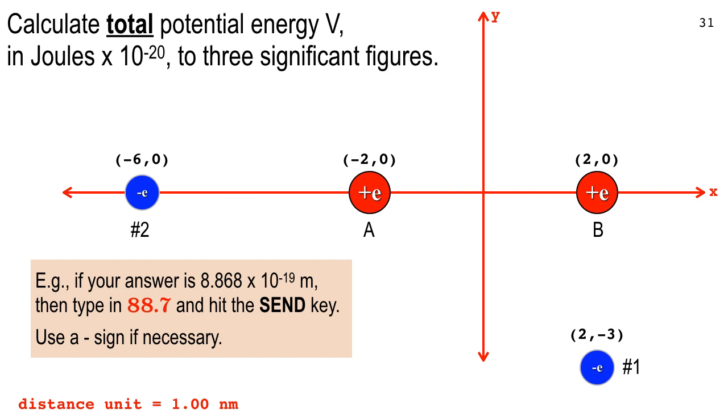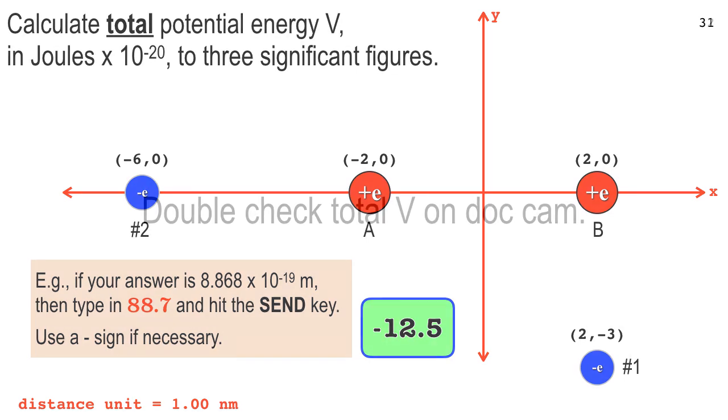All right. Now let me see what the answers were. Negative 1.64. Nobody got even close to that. Let's take a look.